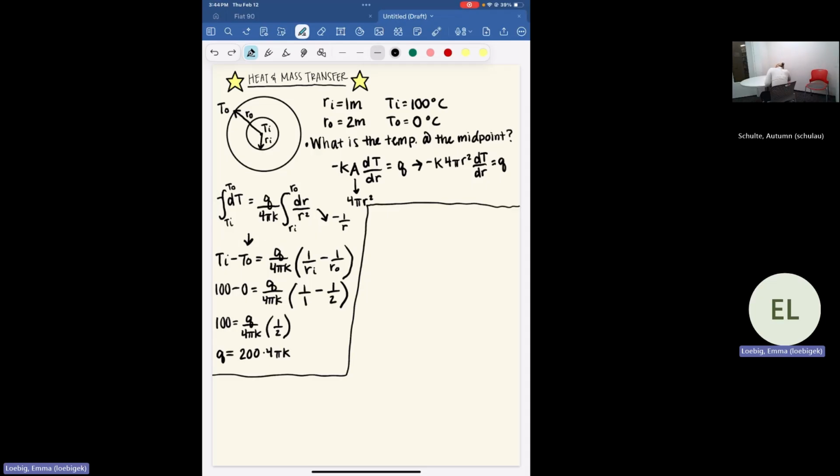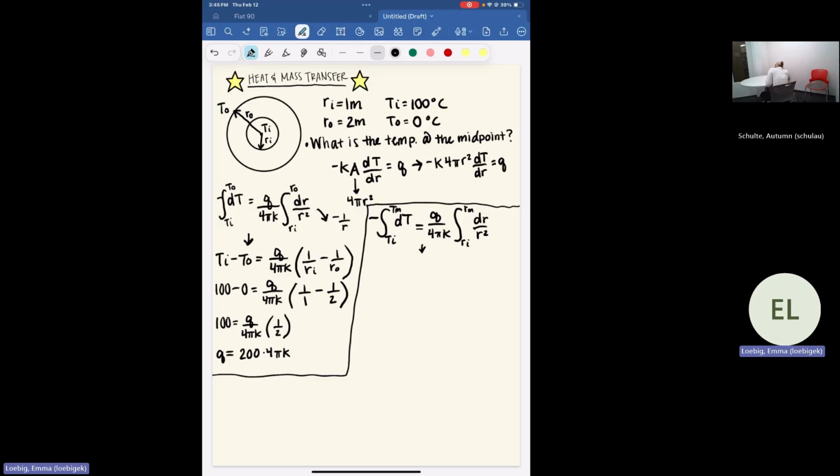So let's write that out. Negative the integral dT evaluated at the inner temperature to the midpoint temperature is equal to our constant Q over 4 pi times our thermal conductivity multiplied by the integral of dr over our radius squared evaluated from the inner radius to the radius at our midpoint.